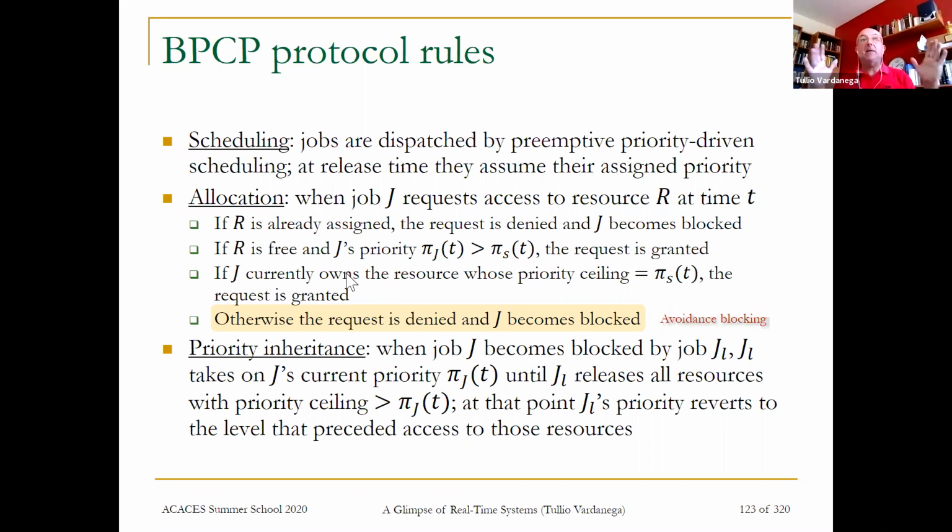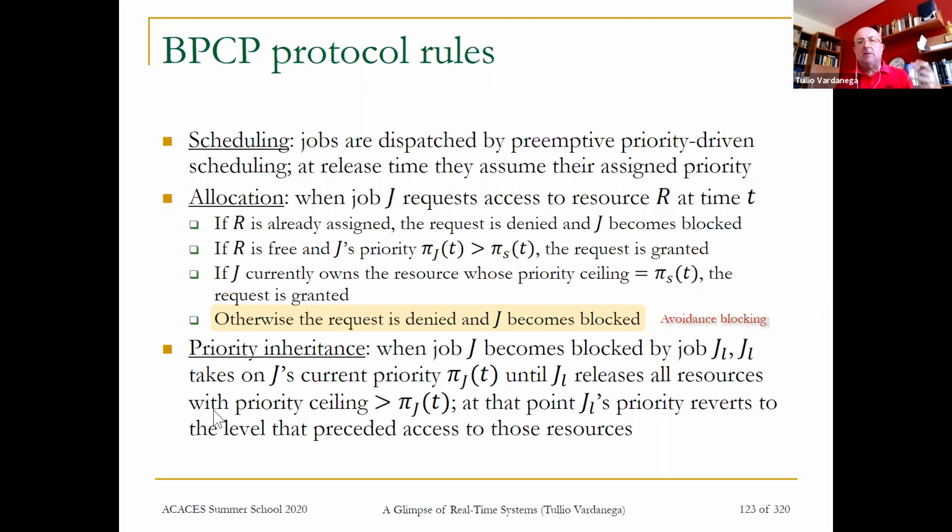You understand? So it's very important that you are given a resource in a condition in which you can continue running. Otherwise, it's hopeless. You may end up in deadlock. Okay? So that's the purpose of this system ceiling, which is very interesting. Of course, you begin to see that there is a full page of clauses.